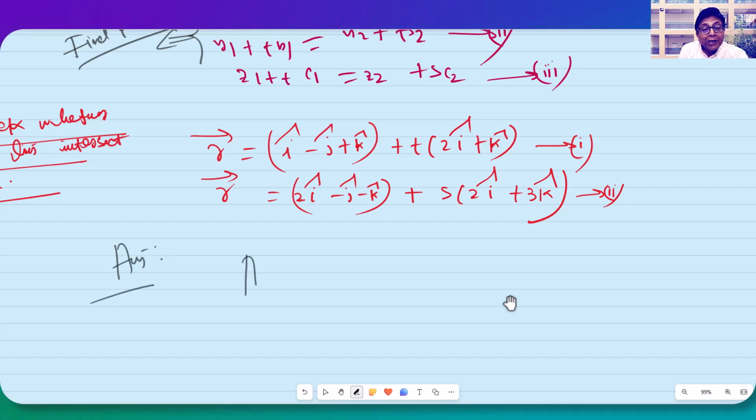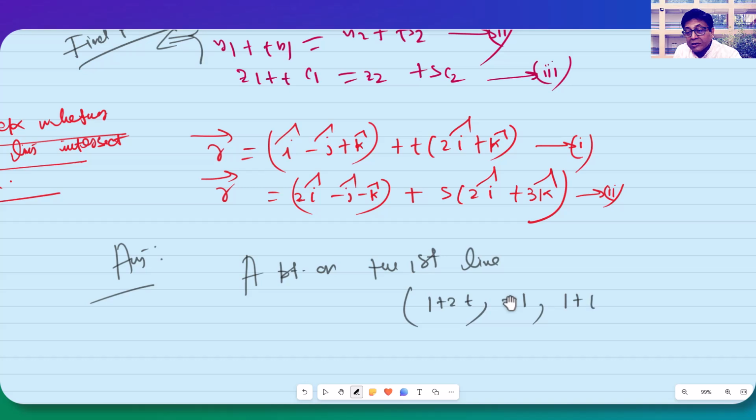So a point on the first line, we can take this form, that is i's coefficient, that is 1 plus 2t, and this is minus 1, no j is there, comma 1 plus t.